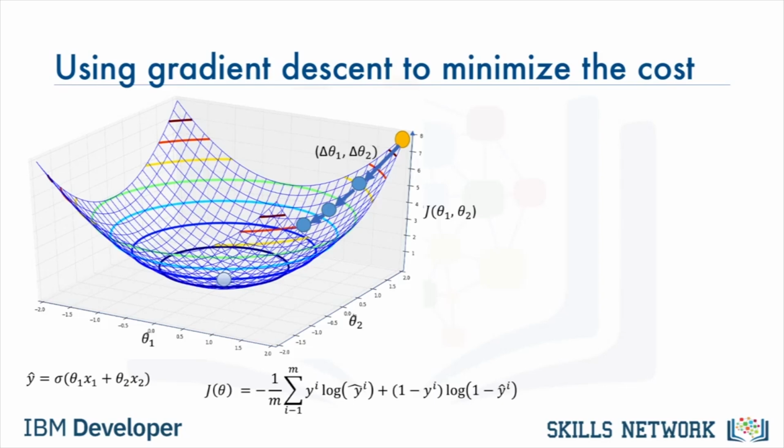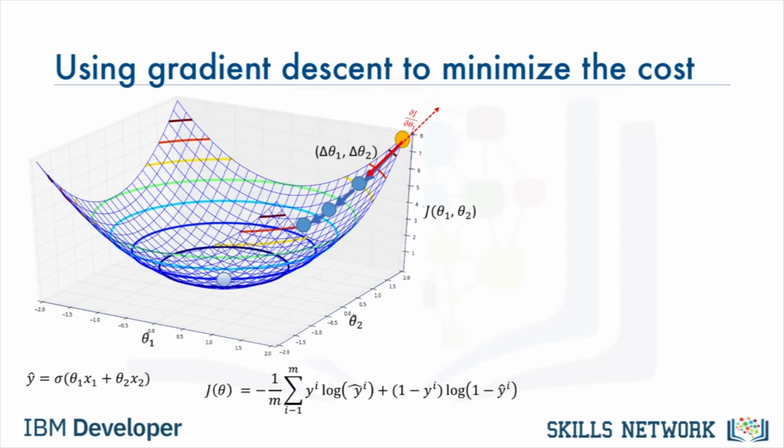Now the question is, how do we calculate the gradient of a cost function at a point? If you select a random point on this surface, for example the yellow point, and take the partial derivative of J of theta with respect to each parameter at that point, it gives you the slope of the move for each parameter at that point. Now, if we move in the opposite direction of that slope, it guarantees that we go down in the error curve.